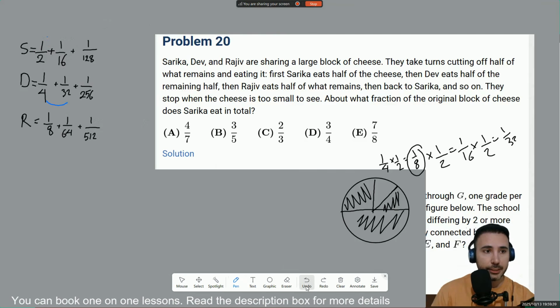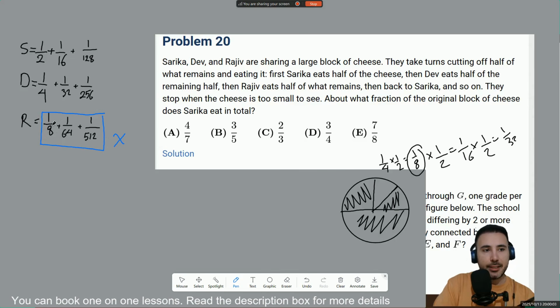So the question is asking how much S would eat. So let's call this one X. But why do we call this one X? Because it's the smallest amount. R would eat the least amount. Everybody else will eat more.